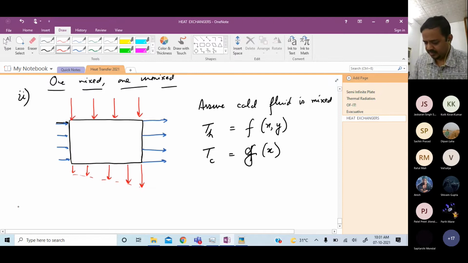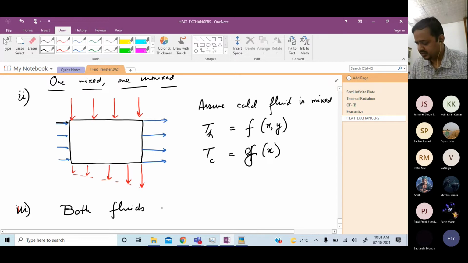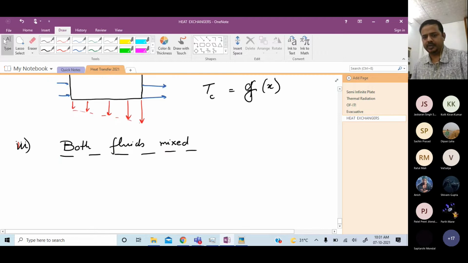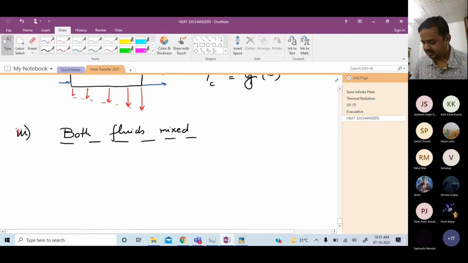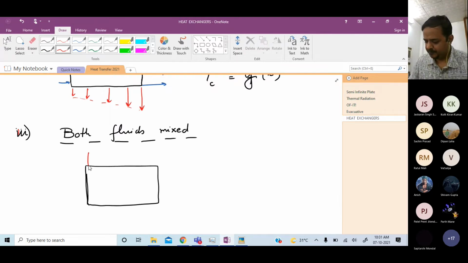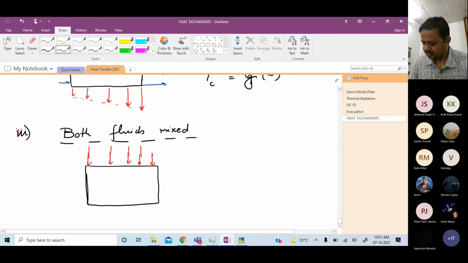So similarly, if both fluids are mixed, then both will heat up or cool down uniformly. Let me make this a little longer because it's the hottest temperature.